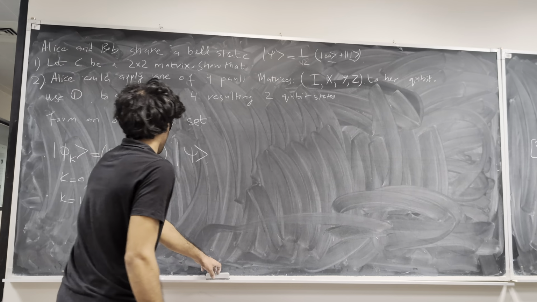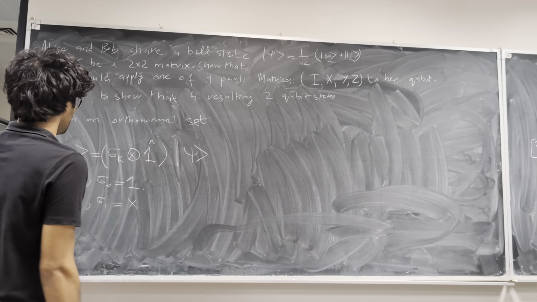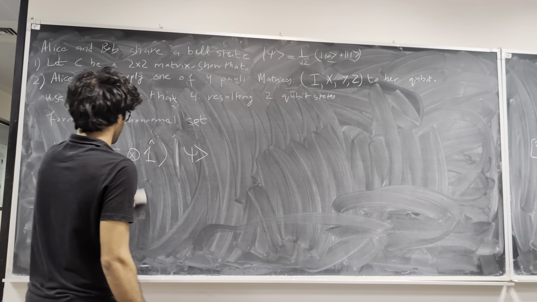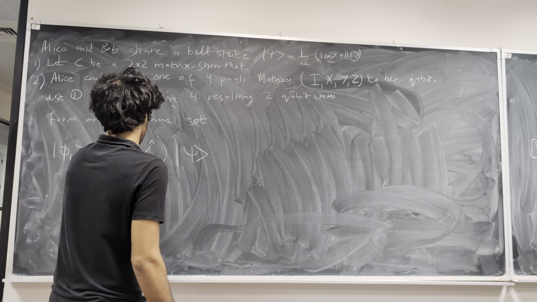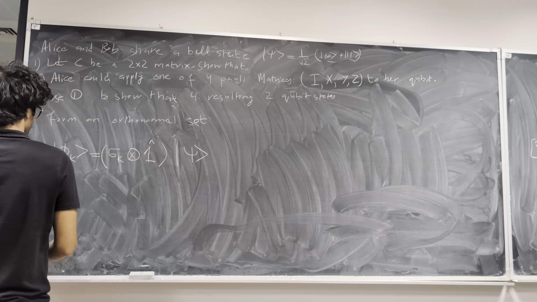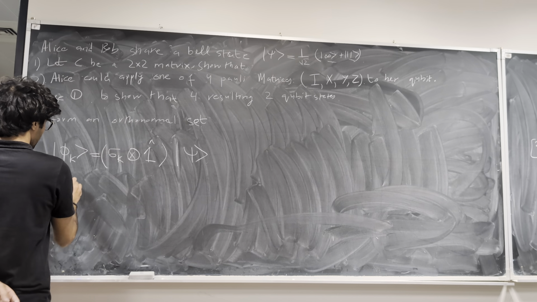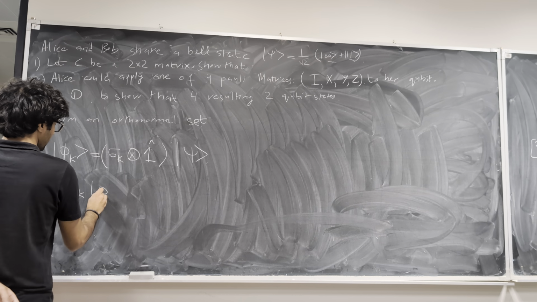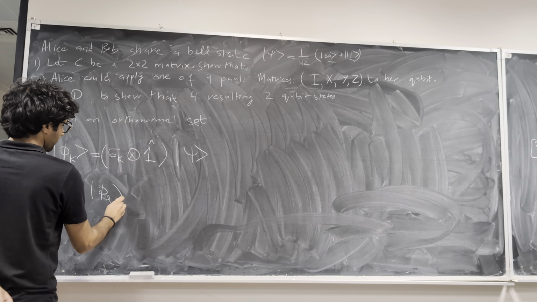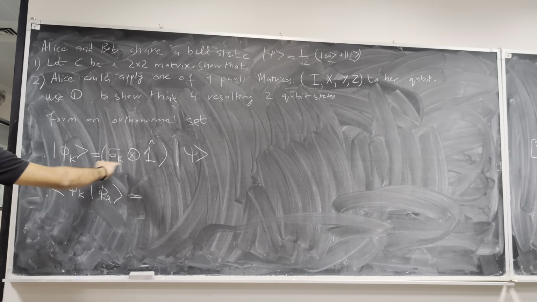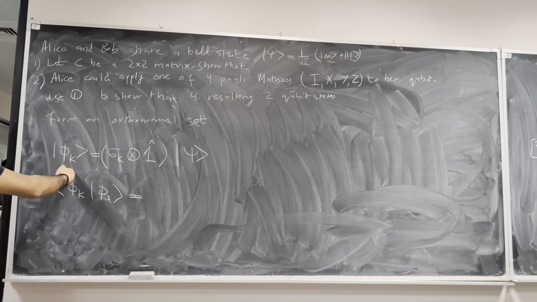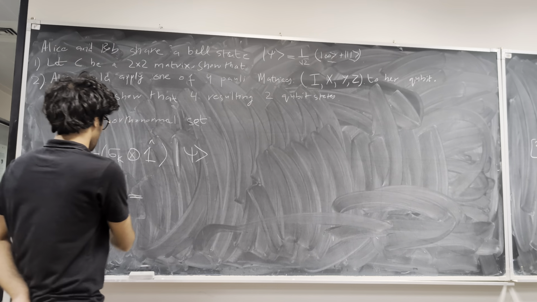Okay. Now we want to show the orthonormality of both. So now phi k, phi l. So these are my all four states, right, for different combinations. K 0, 1, 2, 3. Okay, cool.